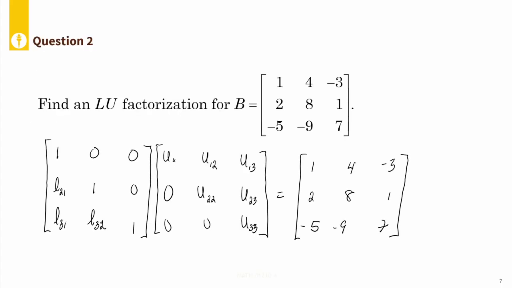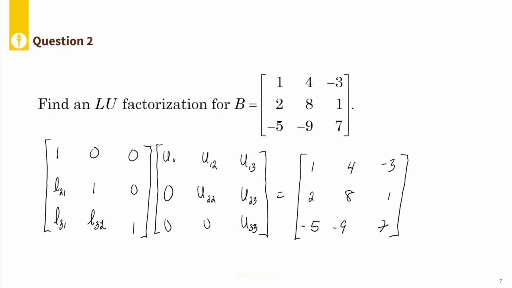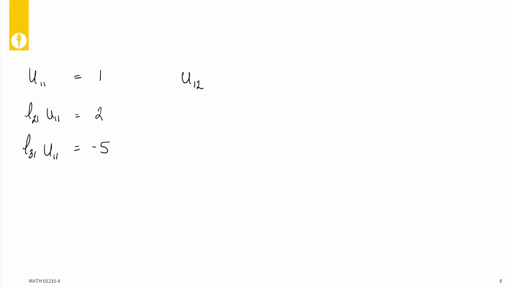1, 2, negative 5. That's U12 is going to equal 4.